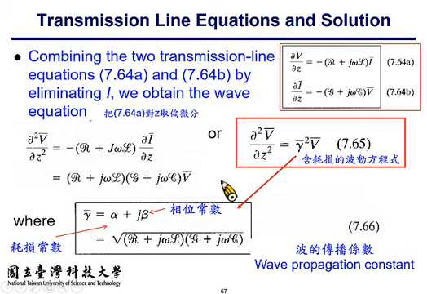So we can begin with 7.64 by taking an extra spatial derivative of V over the line direction z. So you take del over del z again on both sides. At the left-hand side, it simply becomes the second-order derivative of V with respect to the position z.